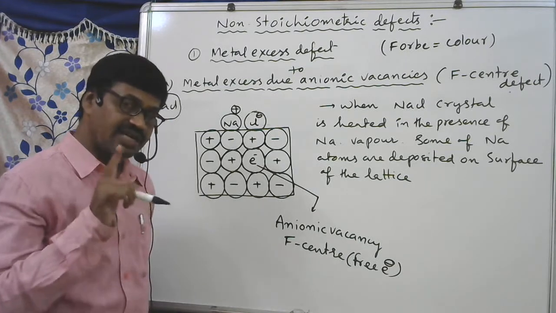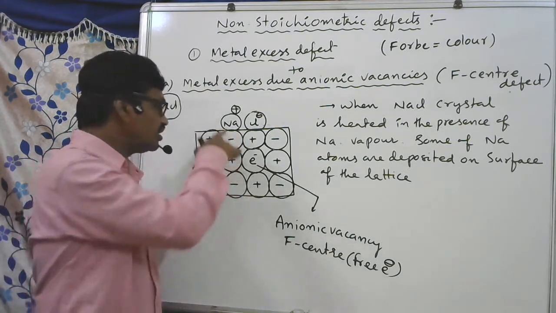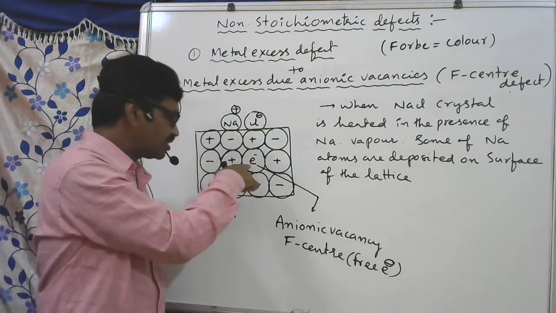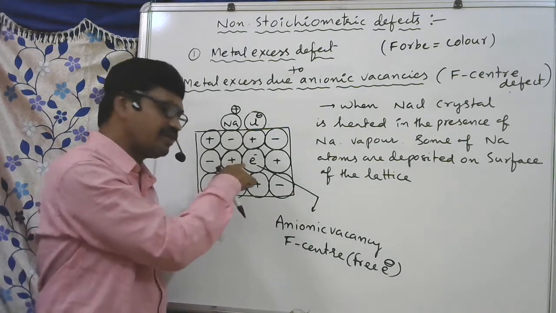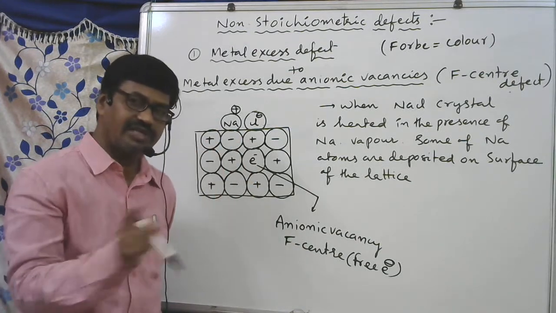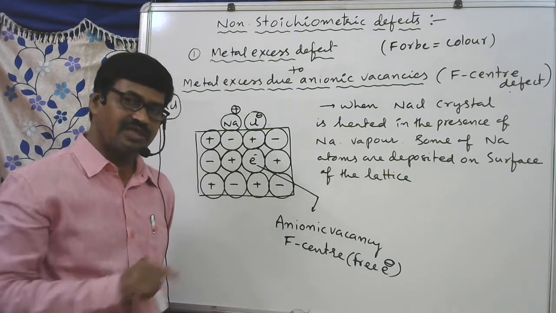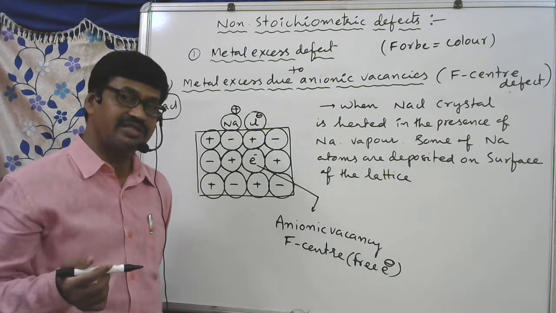So to maintain electrical neutrality, the electron released by this sodium comes here. So this anion vacancy is occupied by the electron released by sodium. That you have to remember. Many times I have seen this question. In the F center defect, generally we may expect that the Cl minus ion is eliminated from here, so the electron is from the Cl minus ion.